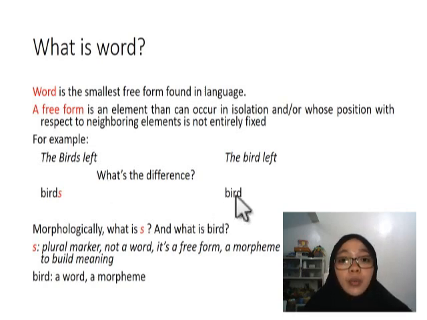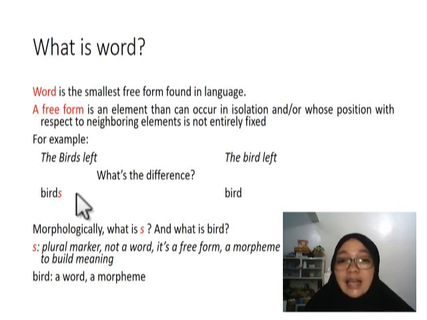When we see bird without s, it means that the animal is only one. But when it is put with s, it means that there is more than one bird.